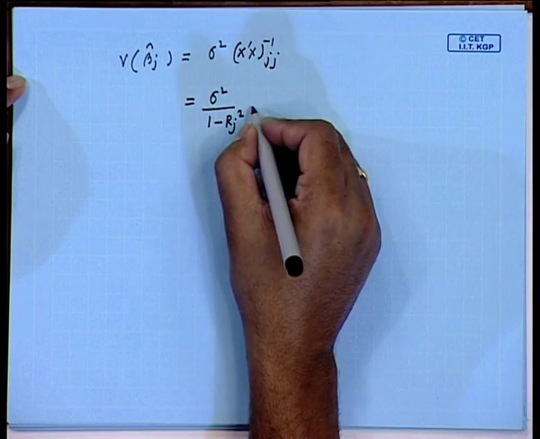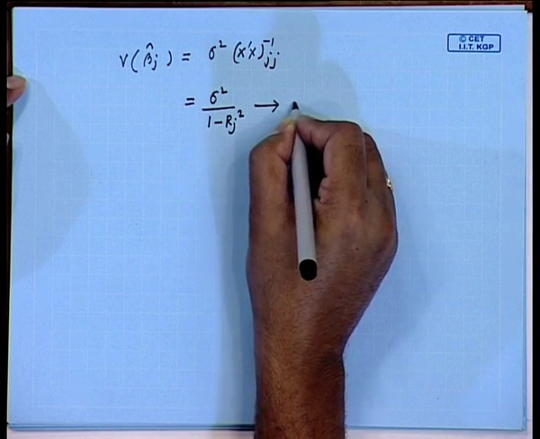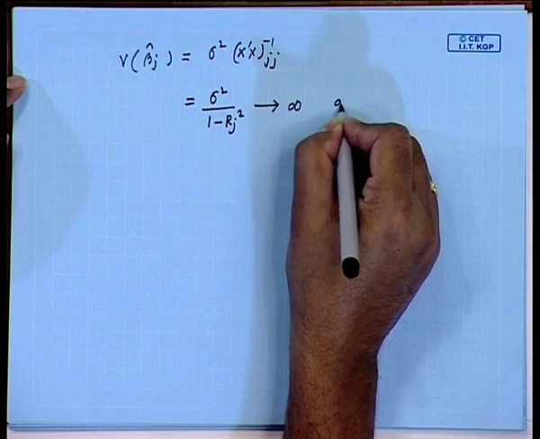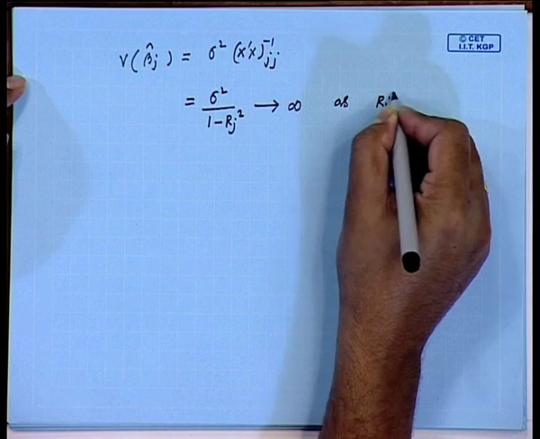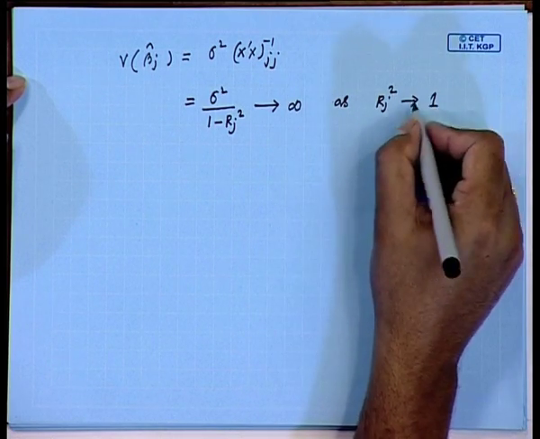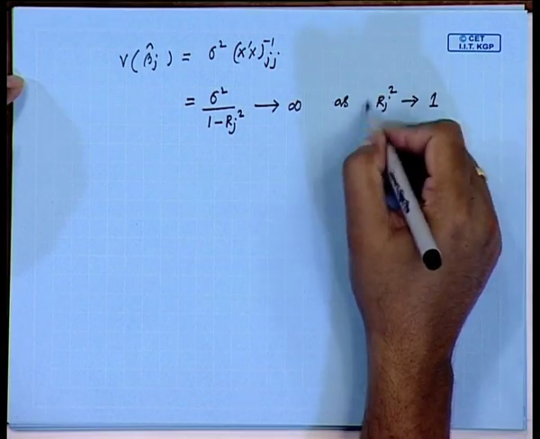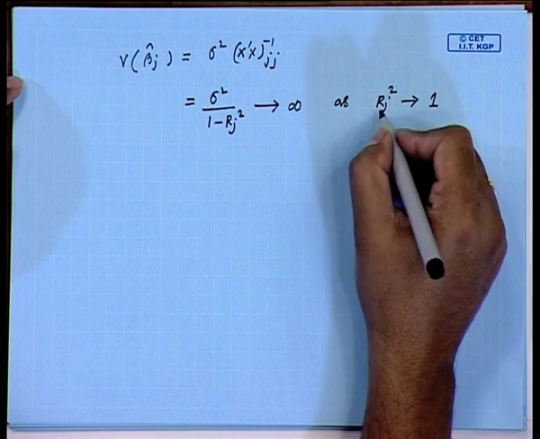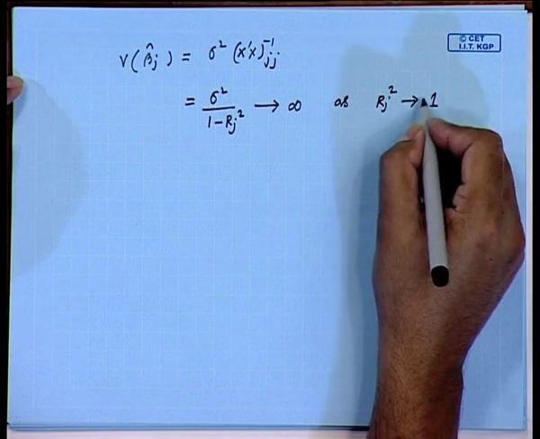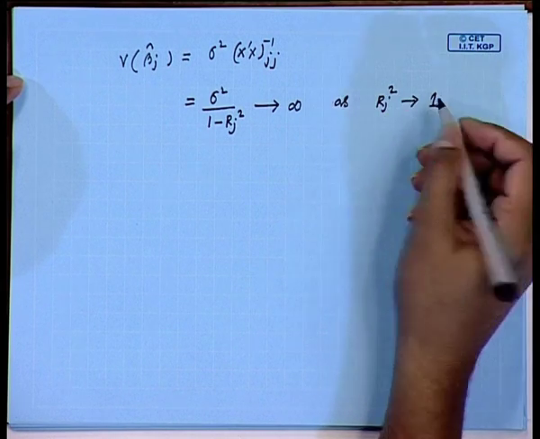This tends to infinity as Rj square tends to 1. Most of the time we write this in terms of percentage, so Rj square being 100% means that Rj square tends to 1.